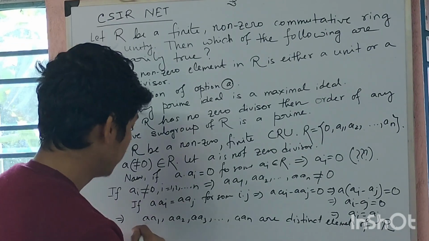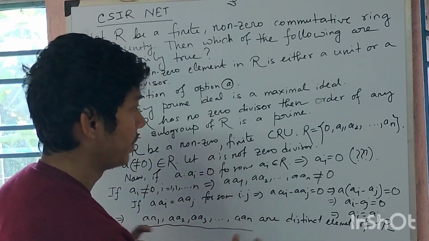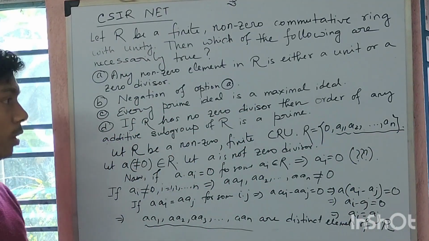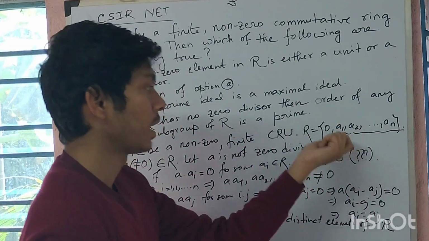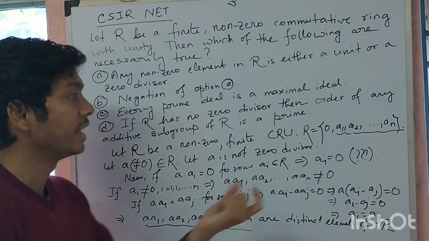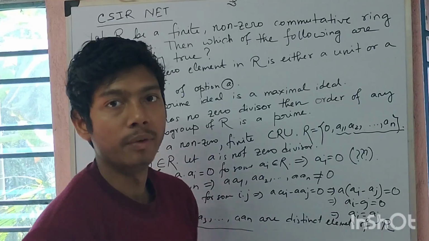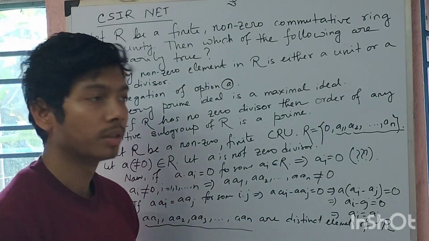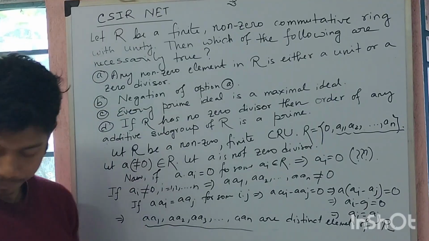So these elements are basically all the elements except 0. So for a1, I can get some ai such that a·ai equals a1. For a2, I will get some aj such that a·aj equals a2. This is like this.